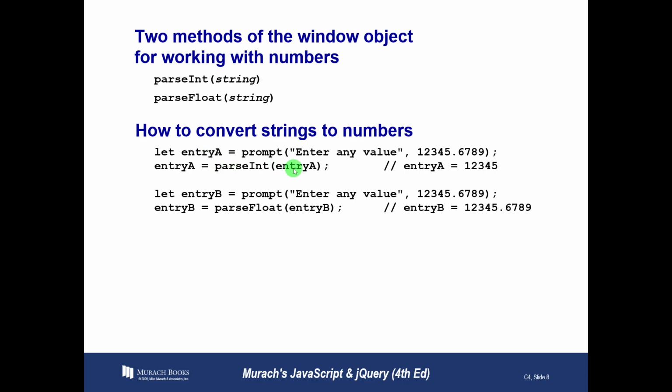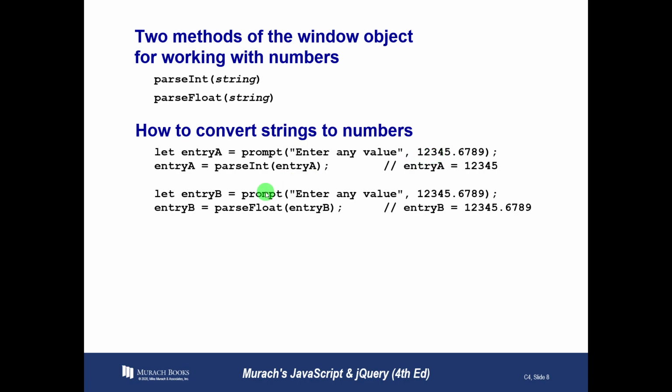And then we're going to take entryA and parse it as an integer. So if they left this default value and just said OK, that value 12345.6789 would get parsed as an int, and the result would get stored back in entryA again, but it would just be 12345, because when we parse this long number as an int, it only keeps the integer part.